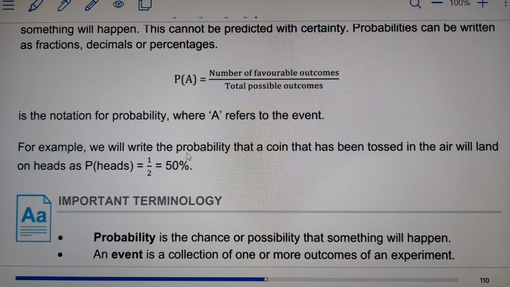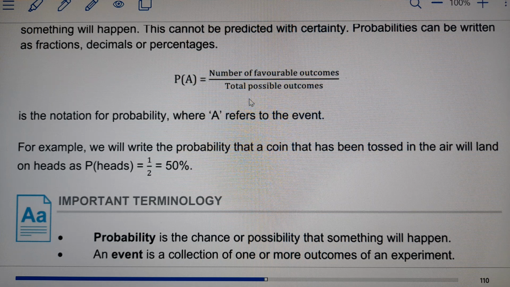So for example, we will write that a coin has been tossed in the air and will land on the heads. So this is the probability of heads, because we want the coin to land on the heads. With one coin, how many heads can you have? It's 1. So the number of favorable outcomes in one coin is only 1 head, divided by the total possible outcomes you can get in a coin.